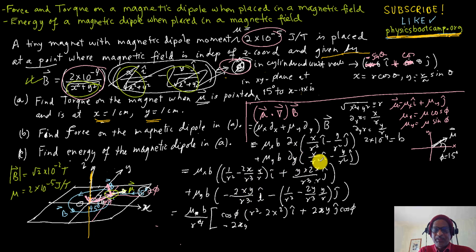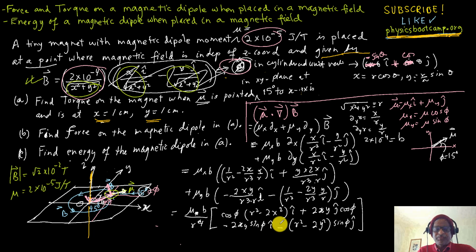Let's see what happened here. So r cube, and then I did the derivative and should get another r. So 2xy sine phi i hat minus this r square minus 2y square sine phi j hat.